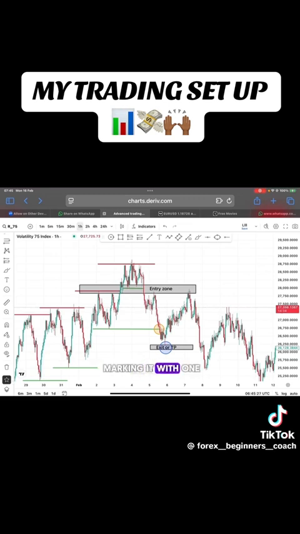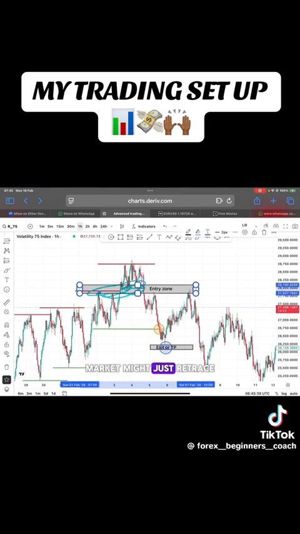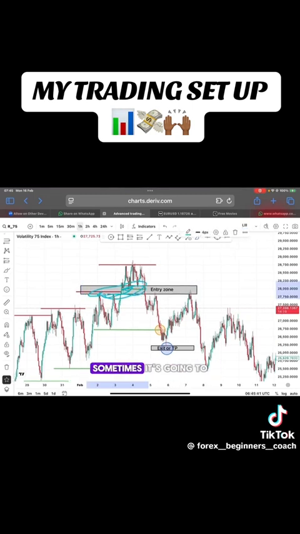I'm marking it with one rectangle because they are close together, okay? And when marking this, you mark both the wicks and the body of the candle, because sometimes the market might just retrace back to the wick and move from there. Sometimes it's going to get into the bodies of the candles around that zone. Do you understand? After identifying your entry zone, the next step is to look for confirmation candlesticks.